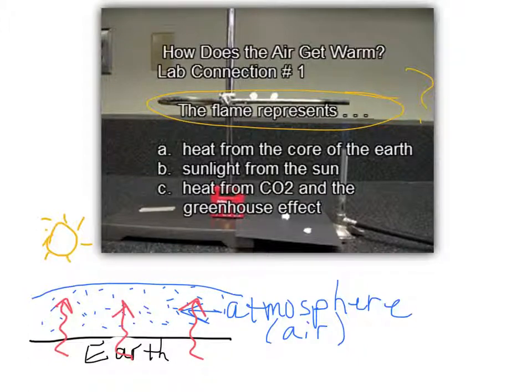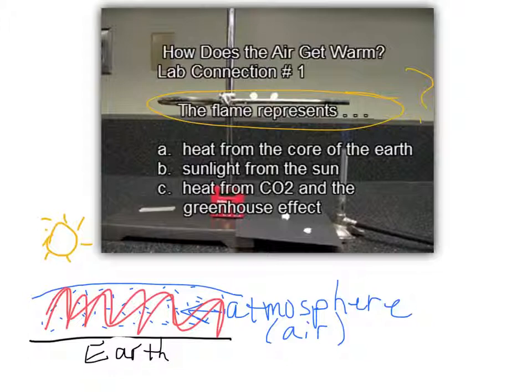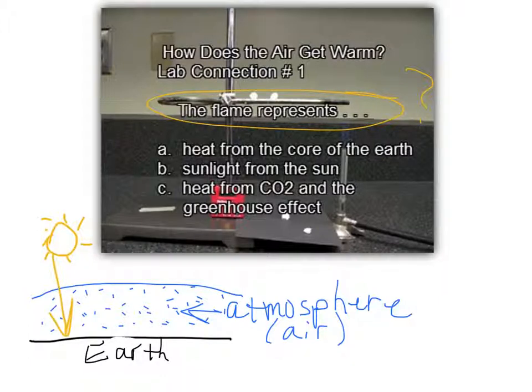This idea has been proposed by students before. One might propose that the heat from the greenhouse effect is simply rattling around in the atmosphere, and that represents the heat of the flame. Of course, it's also possible that the heat of the flame is representing the sunlight that comes to the earth from the sun.